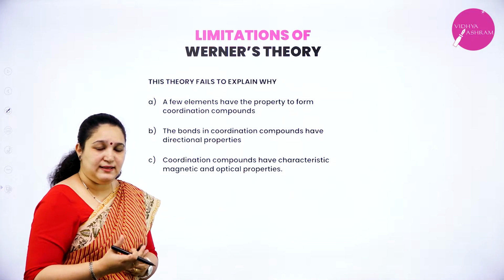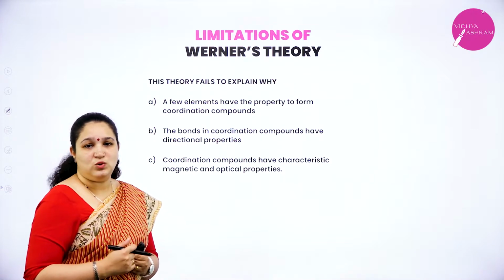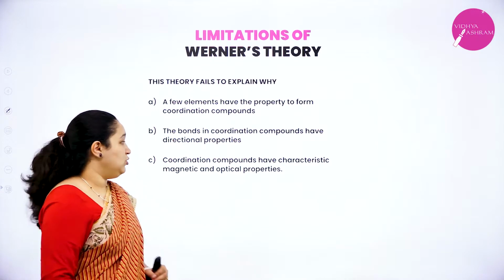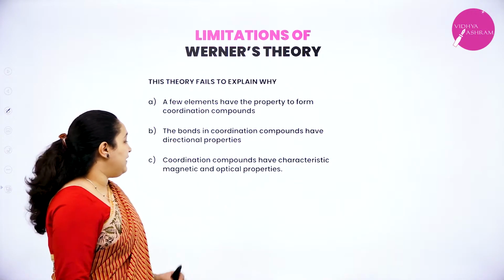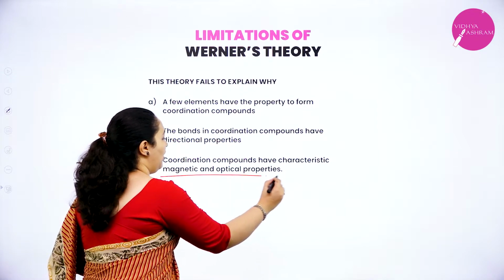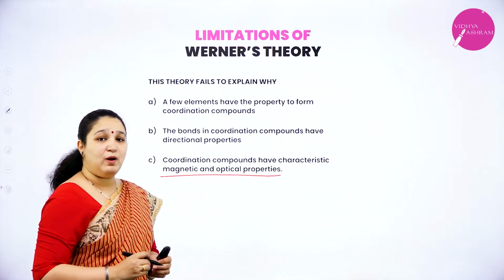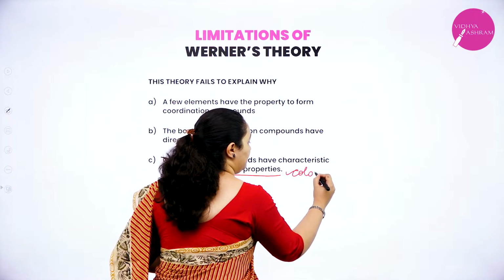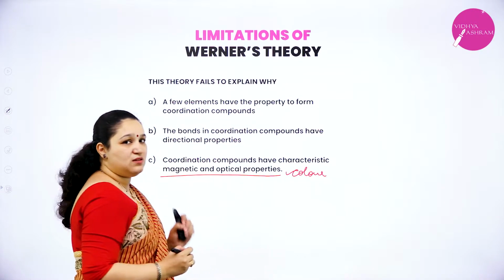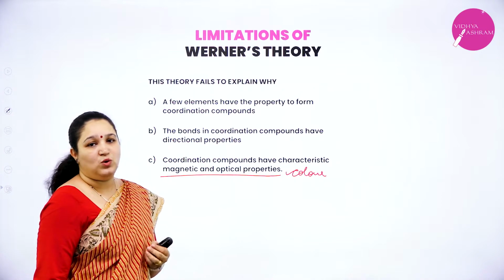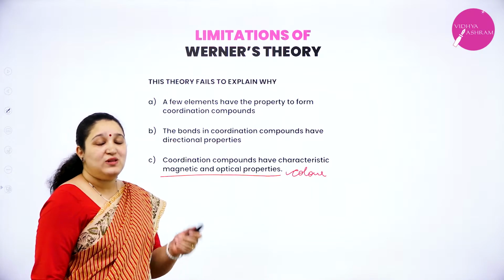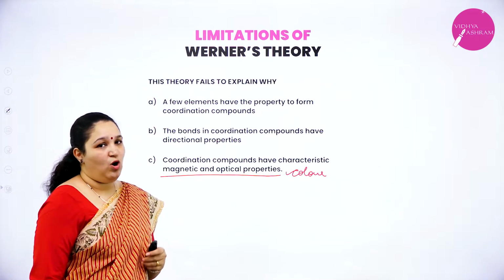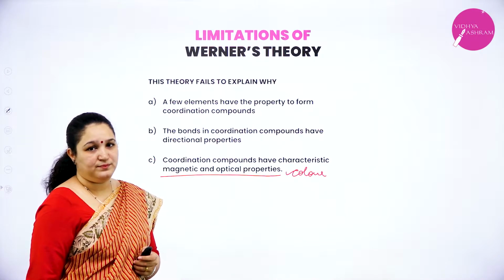Why exactly that is happening, Werner could not explain. Also, coordination compounds have characteristic magnetic property, optical property, and also color as well. All these three Werner could not explain. So, these are the limitations of Werner's theory.